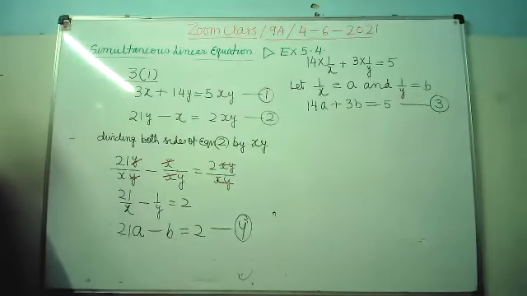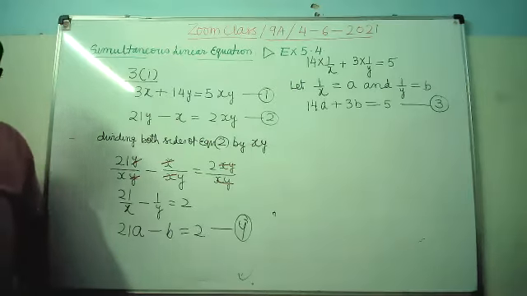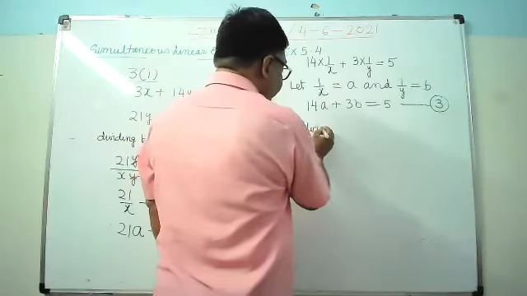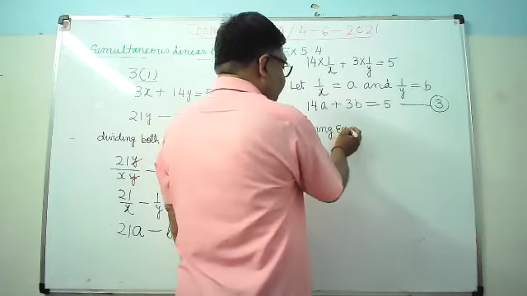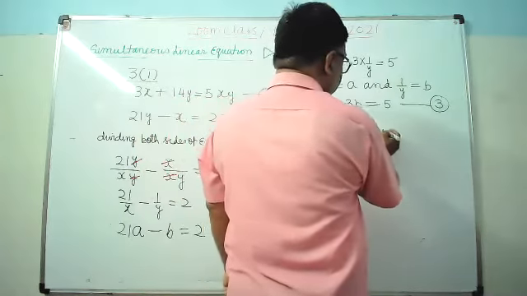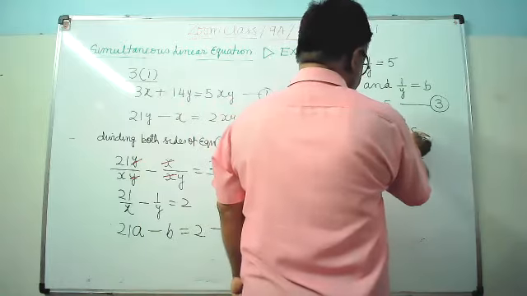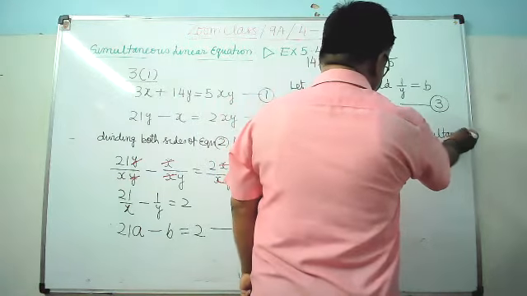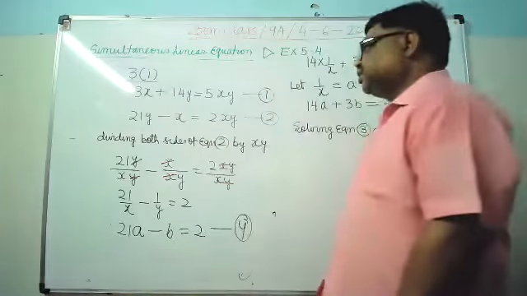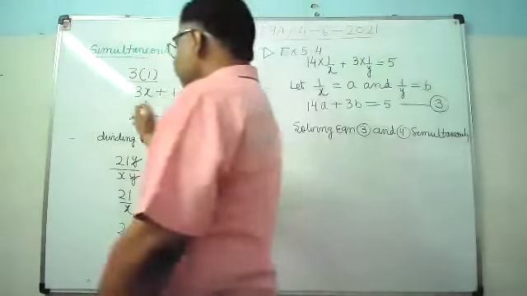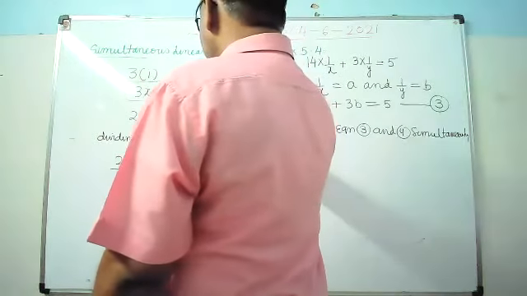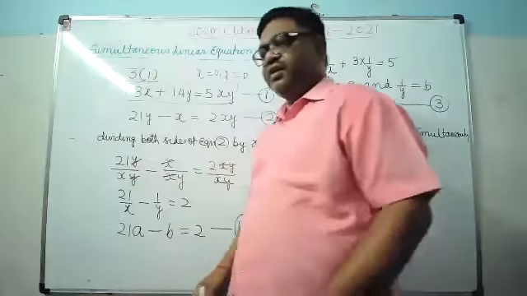Now solving 3 and 4 simultaneously, you will get a and b. Now see here, when equations are of this type, they have a permanent solution x equals 0, y equals 0.